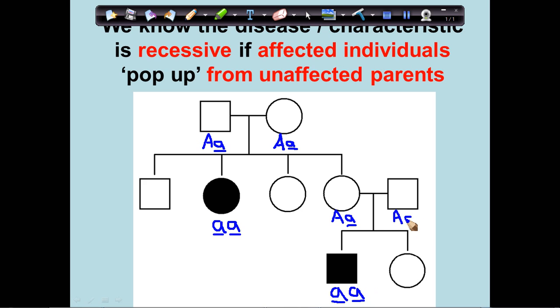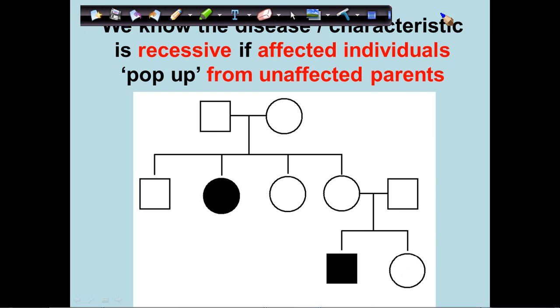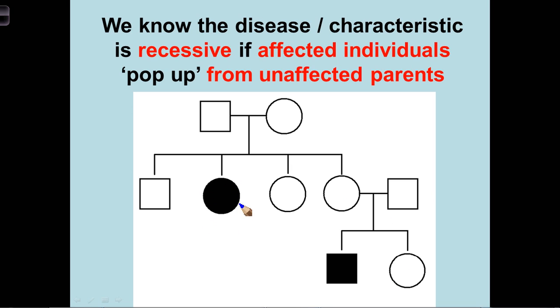They can't be little a, little a, because otherwise they would have the condition, but they must be carriers. They must have a hidden little a that they're passing on to their child here. So, essentially, the trick is, if you see affected kids pop up from unaffected parents, you know the condition must be recessive.